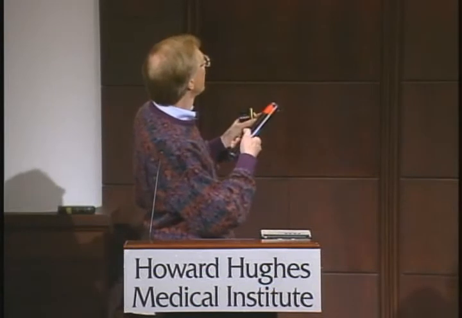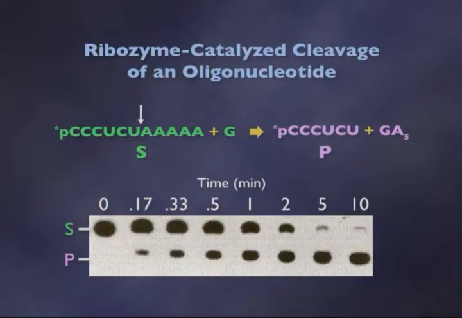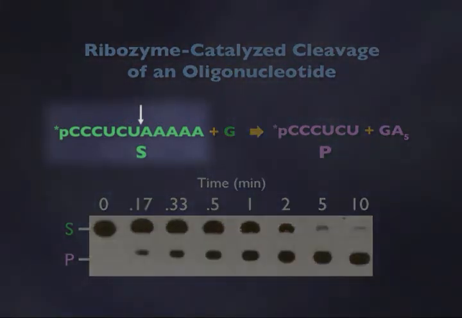If you don't understand the next two slides, don't be concerned, because I'll return to more descriptive material in a minute. So this is actual experimental data, the sort of which is generated many, many times per day in the laboratory. We start out with a radioactively labeled substrate RNA that is uncleaved.